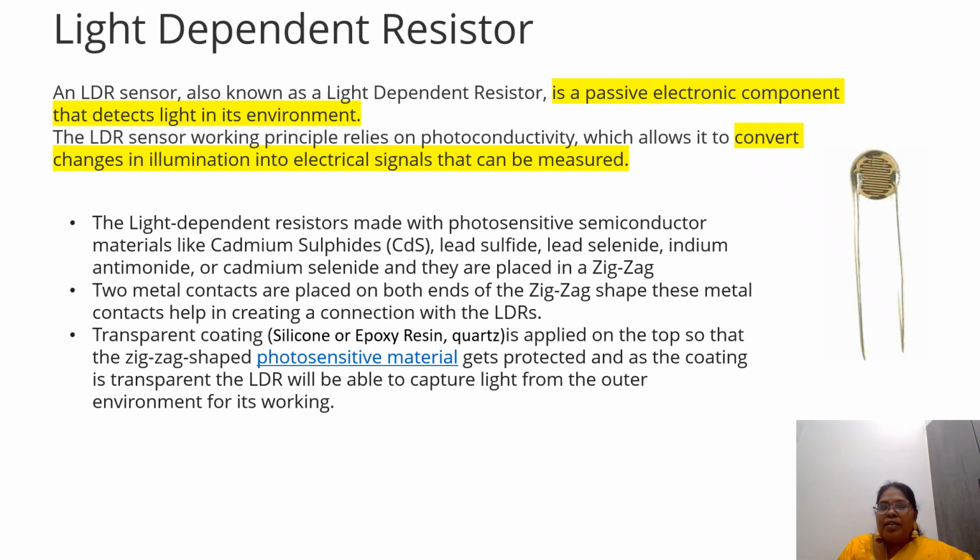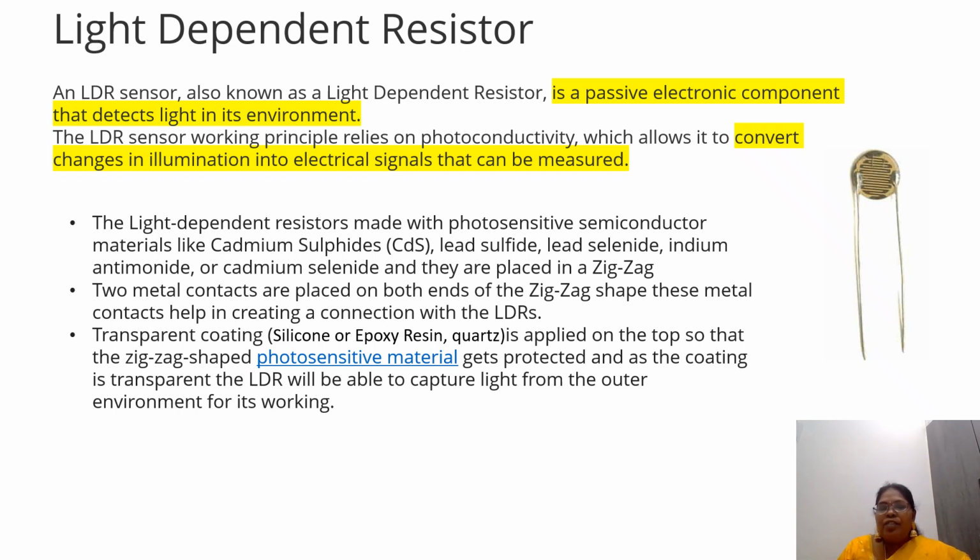These semiconductors are placed in a zigzag pattern, and two metal contacts are placed at both ends of the zigzag pattern, which helps to create a connection in the LDR. On top of this zigzag there is a transparent coating, like silicone, epoxy resin, or quartz, so that the zigzag pattern gets protected.